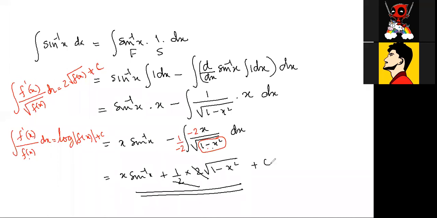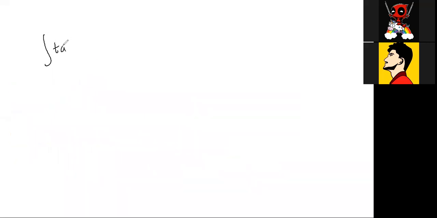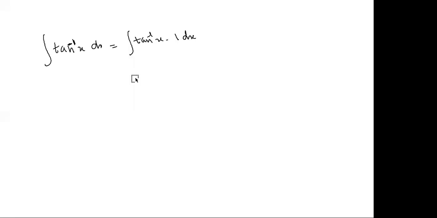Now try one problem of your own. Integral tan inverse x dx. So this will be integral tan inverse x into 1 dx. Try yourself. Did you start writing?